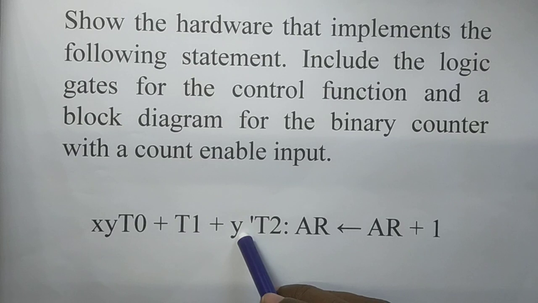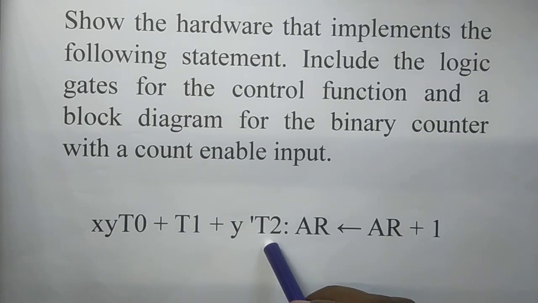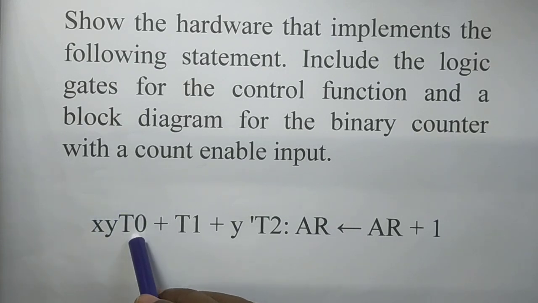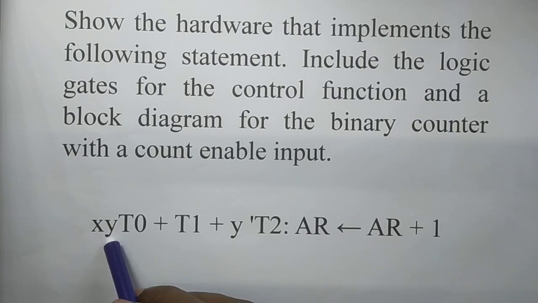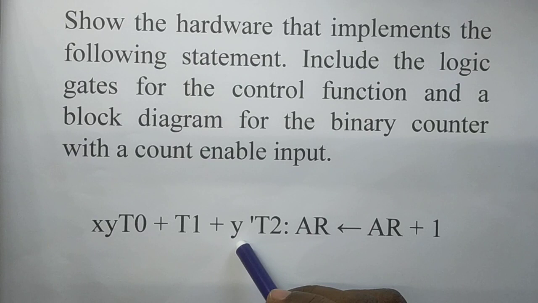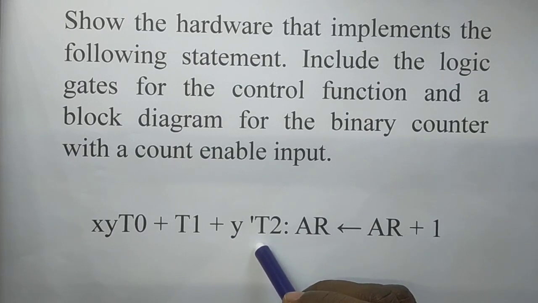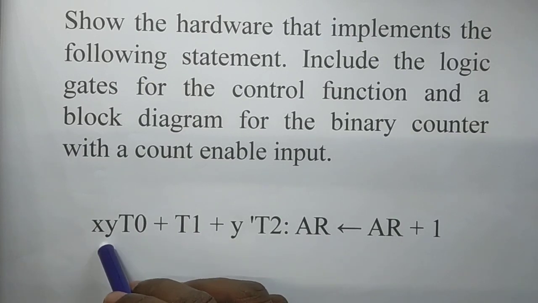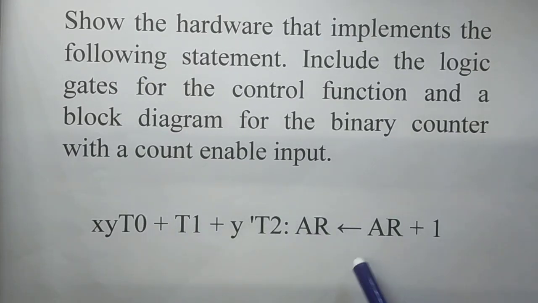Again, y dash t2 means y complement t2. Whenever the term x y t0 is considered, we will use an AND gate with three variables. Next, for y complement t2, another AND gate will be considered, and y complement is obtained from y. We will see how it is designed.